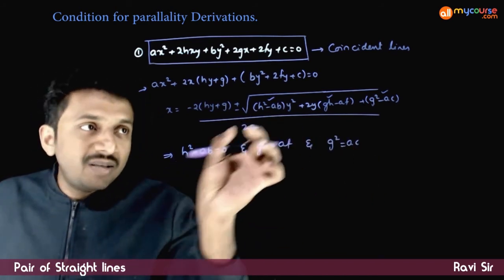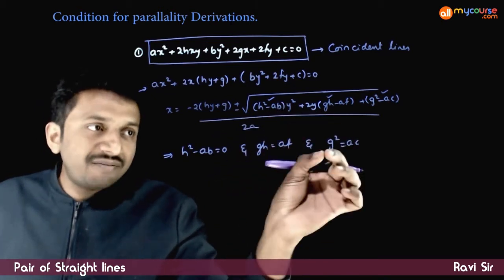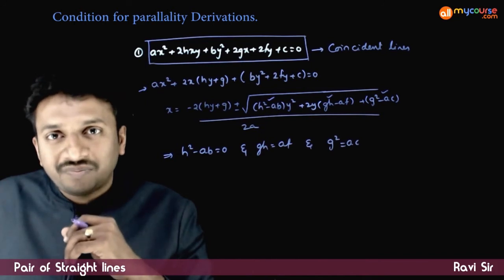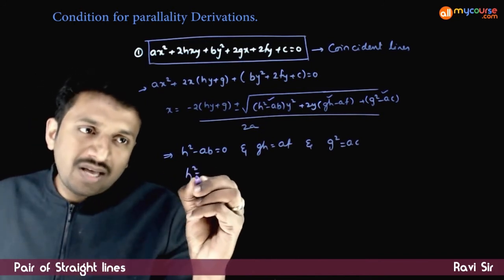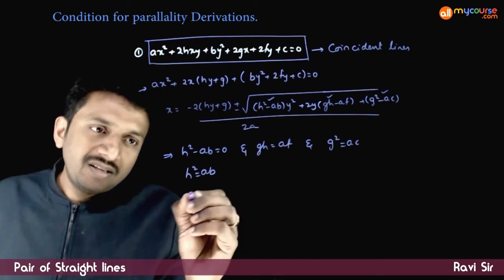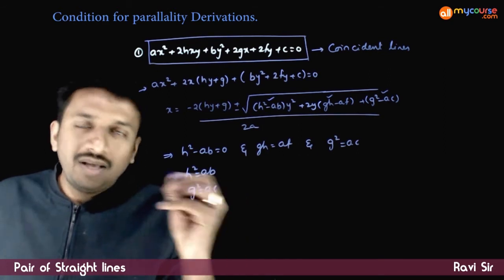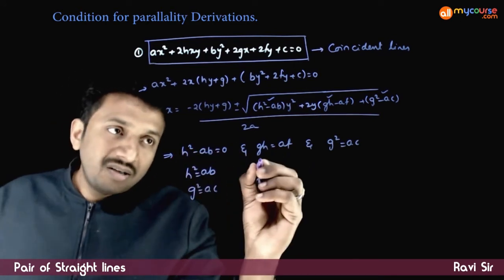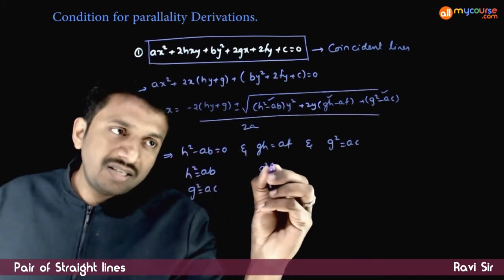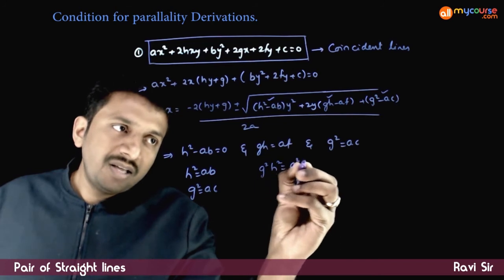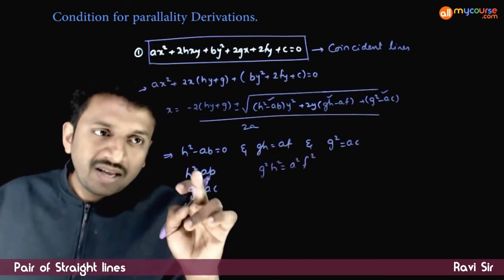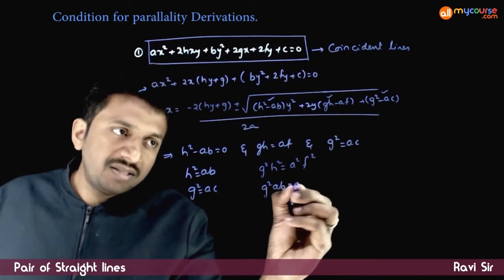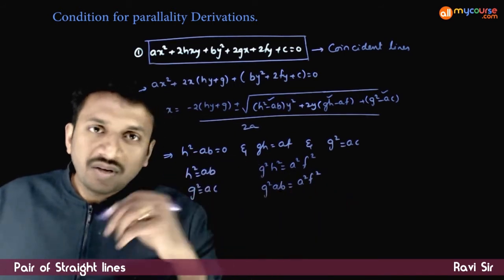So h square is equal to ab, g square is equal to ac, and if you simplify this condition, if you square it on both sides, you get g square h square is equal to a square f square, and h square is equal to ab. So g square ab is equal to a square f square.